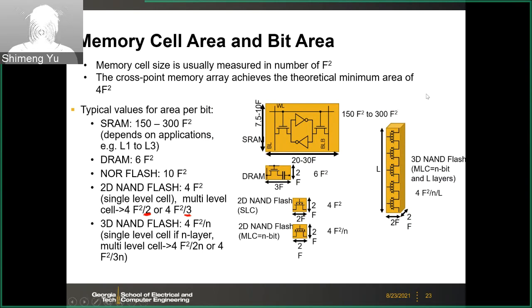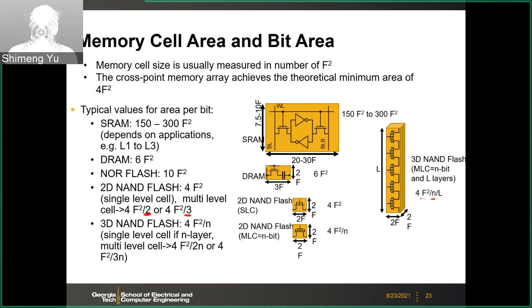So the equivalent area is divided by the number of layers. On the 2D space, like your XY plane, you only take 2F by 2F of silicon space, but you are stacking transistors vertically. So each transistor will have an equivalent area of 4F squared divided by L, where L is the number of layers, and then further divided by N, the number of bits.